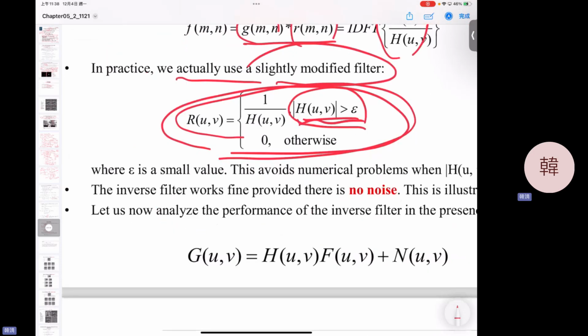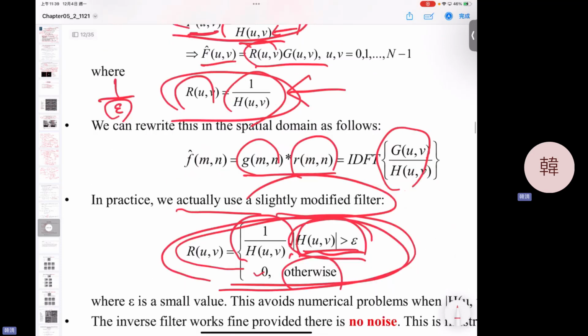We apply a constraint: if H(u,v) is larger than some value, you can perform the inverse filter. Otherwise, it becomes zero. What does zero mean? If the inverse filter R(u,v) is zero, you are not going to do anything, the output will be zero, so there will be nothing there.